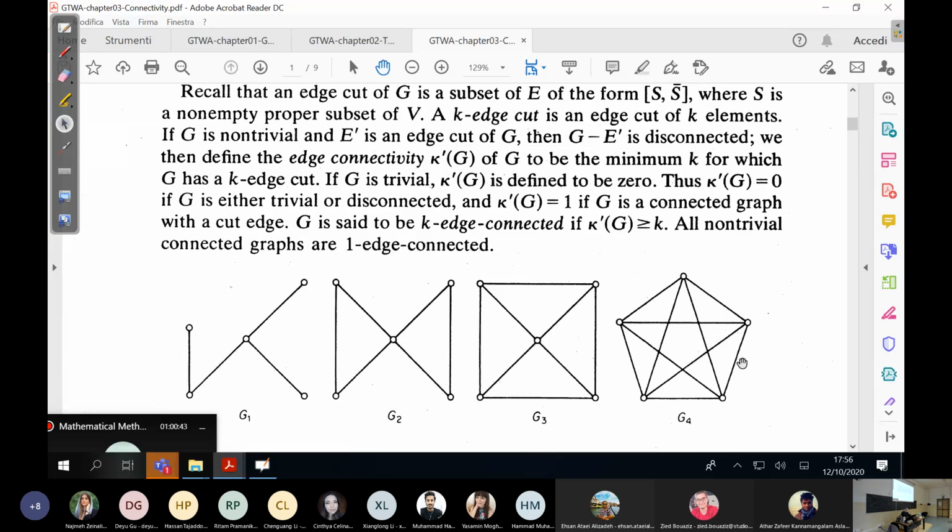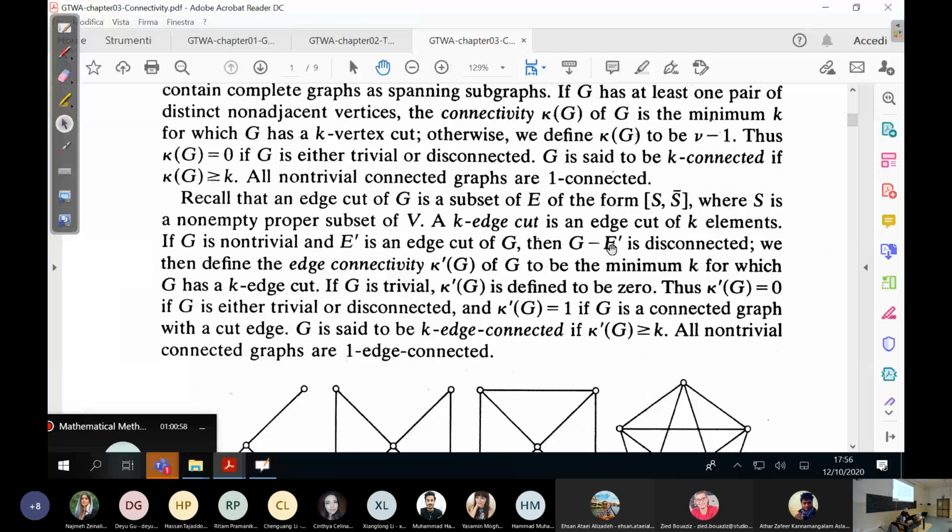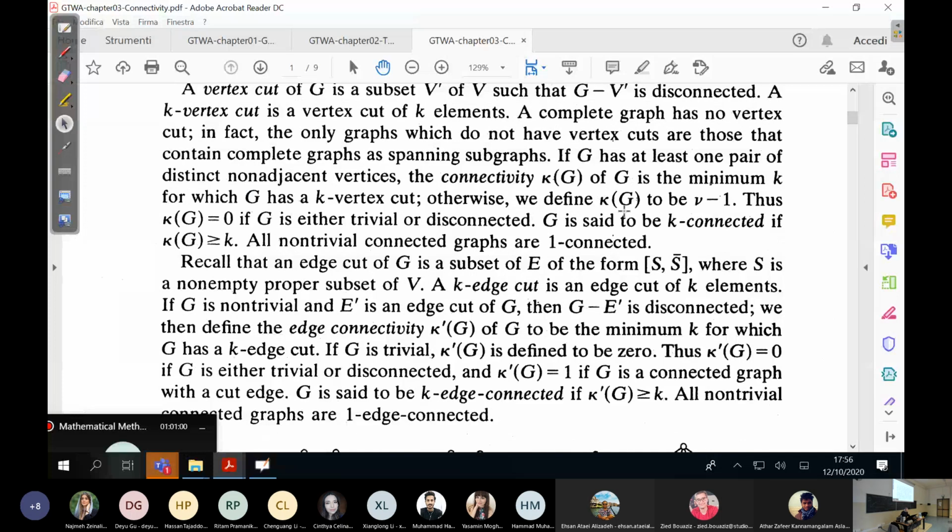But if they contain a spanning subgraph which is complete, I recall, spanning subgraph, a subgraph which reaches all vertices of the original graph, the only ones which have no vertex cut at all are those which contain complete graphs as spanning subgraphs.